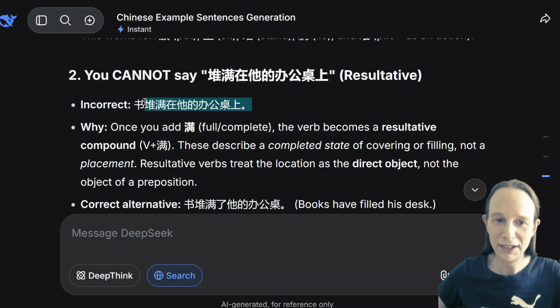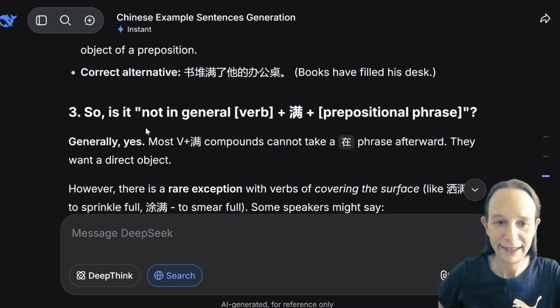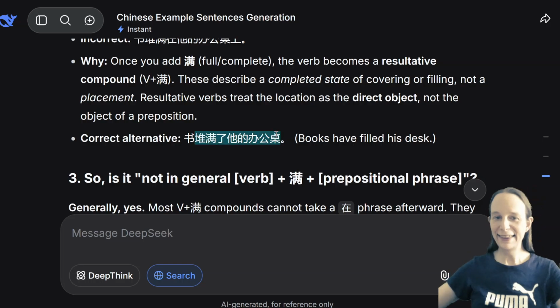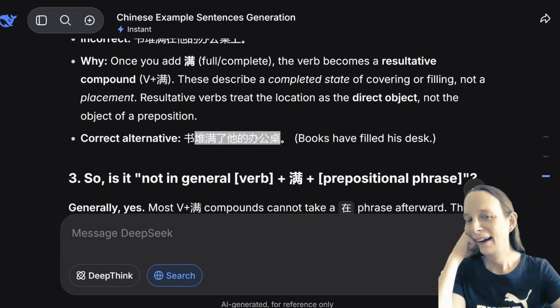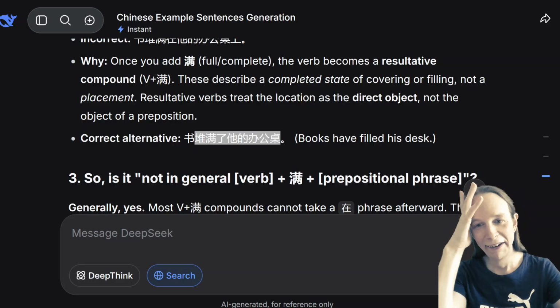There's just too much going on. Resultative compound. Ah, right. But somehow, yeah, 堆满了 this one. So you can add this. Wow, that's just blowing my mind.